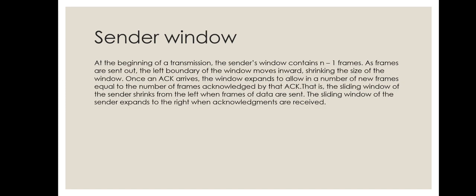Next is the sender window. At the beginning of a transmission, the sender's window contains n minus 1 frames. As frames are sent out, the left boundary of the window moves inward, shrinking the size of the window. Once an acknowledgement arrives, the window expands to allow in a number of new frames equal to the number of frames acknowledged by that acknowledgement.